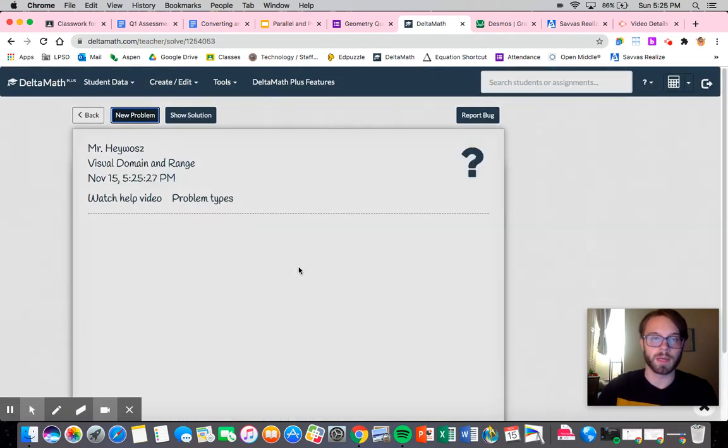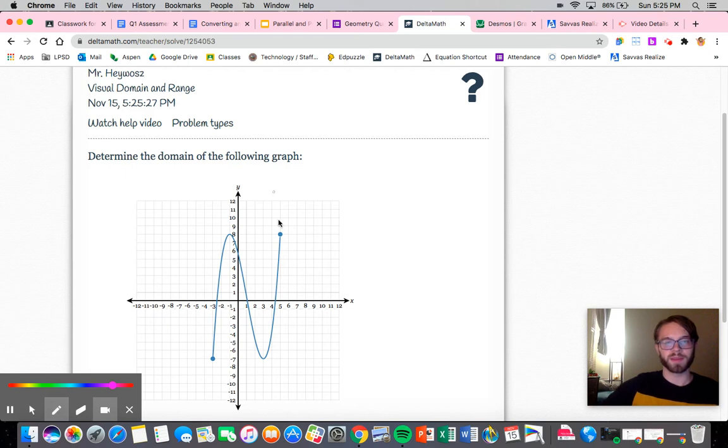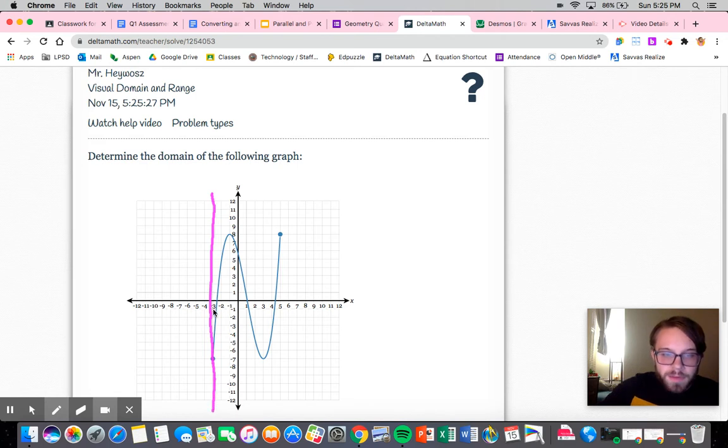Let's look at another one. So now we are dealing with the domain. These ones I think tend to be a little bit easier for people to grasp because we're going from left to right. So let's find the leftmost point, which would be here, -3. And we're going over to the rightmost point of 5. Okay, so we're going from -3 over to 5.